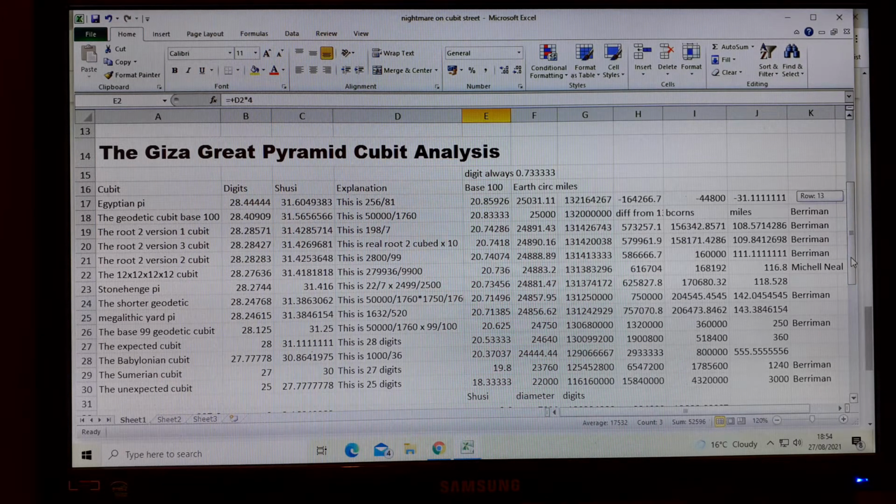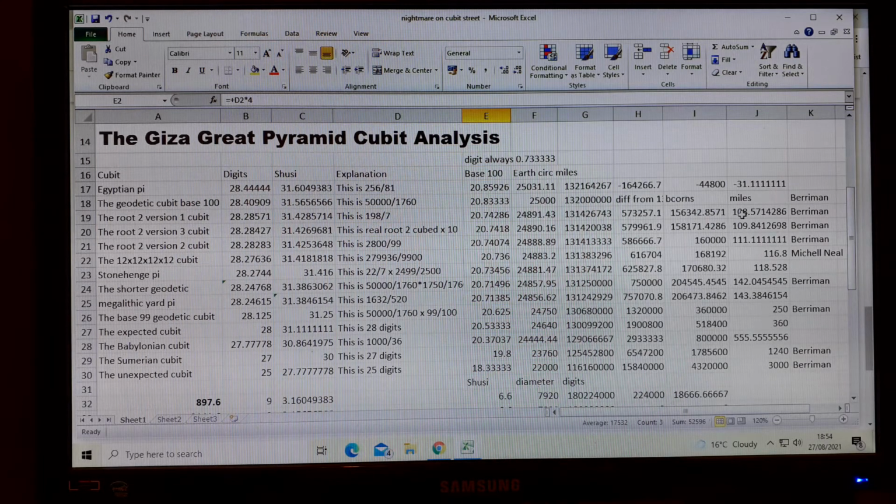Now, I wrote a book a while back called From Stonehenge, Cracking the Megalithic Code, the Ramanujan pi, that was it. And I called it Ramanujan pi because in the calculation that Ramanujan uses, there's 99 times 99, which is 9801.